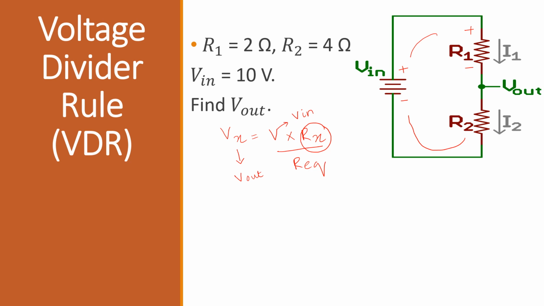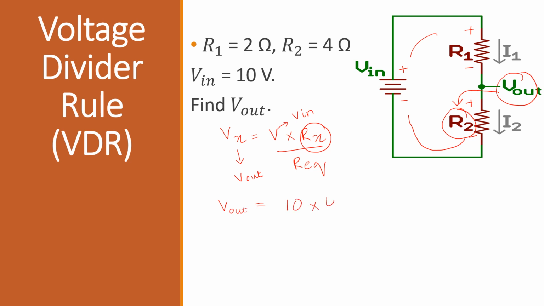So this terminal will be negative and this terminal will be positive. Now, we are going to select this R2 for our formula because this unknown voltage is connected to the positive terminal of this R2.